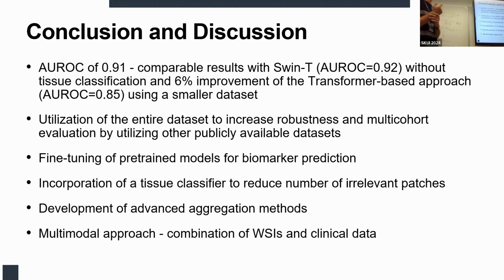Since these were very general histopathology models, we could also incorporate a tissue classifier, which would further reduce the number of relevant patches and only focus on tumor tissue patches, which would first reduce computation and secondly reduce the noise and make the model better.